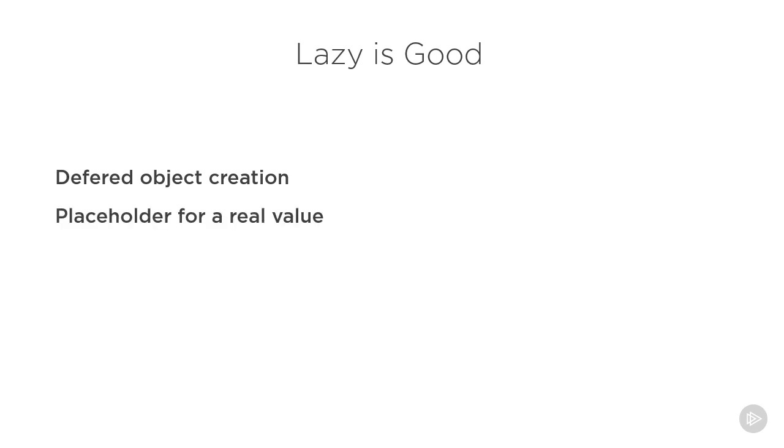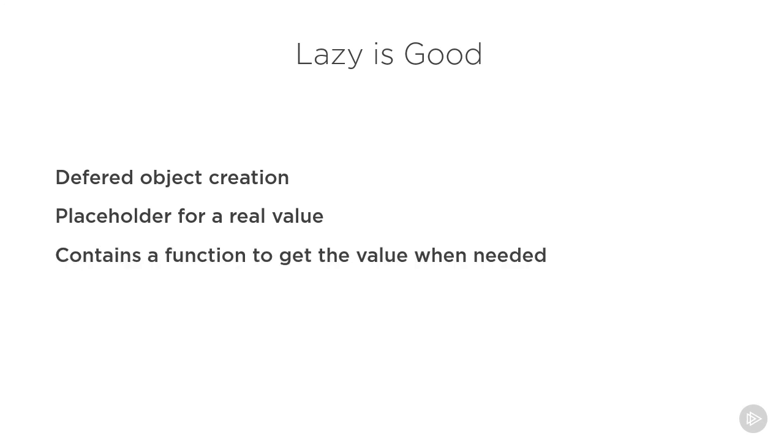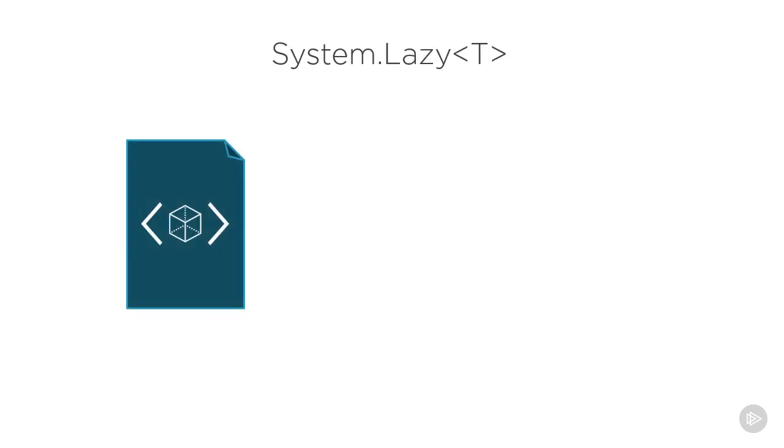.NET's lazy class is a way to defer the creation of a value until later, which makes it perfect for what we're doing here. A lazy value isn't really a value at all. It's a placeholder and instructions for how to get a value in the form of a .NET function. Continuing with the blueprint analogy from earlier, we start with a plan for how to generate a value, such as a string, an integer, or even a complex object, and we store that plan in an instance of the lazy class.